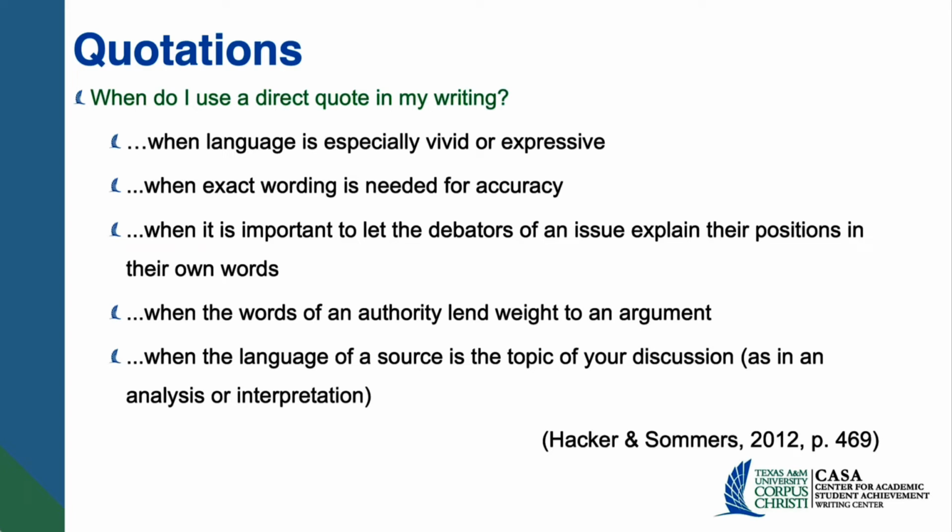For example, if you have an author that is speaking on a problematic issue, or perhaps an issue you disagree with, then you can use their words to let them explain their own positions. You can also use a direct quotation when the words of authority lend weight to an argument, or when the language is the source of the topic.